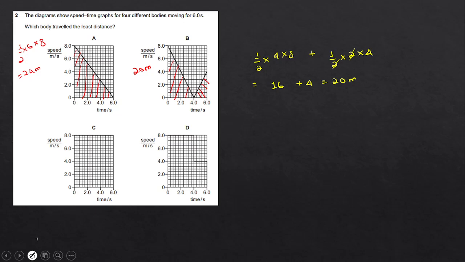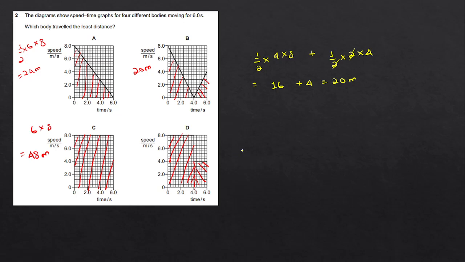For the third one, the distance traveled is the area of this rectangle. The area of this rectangle is given by 6 times 8, which is 48 meters. For the last one, we can split this into two parts. One is the area of this rectangle plus the area of the second rectangle.